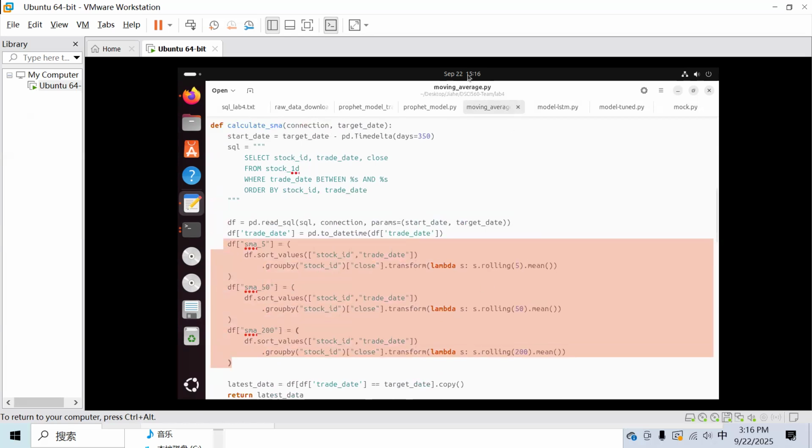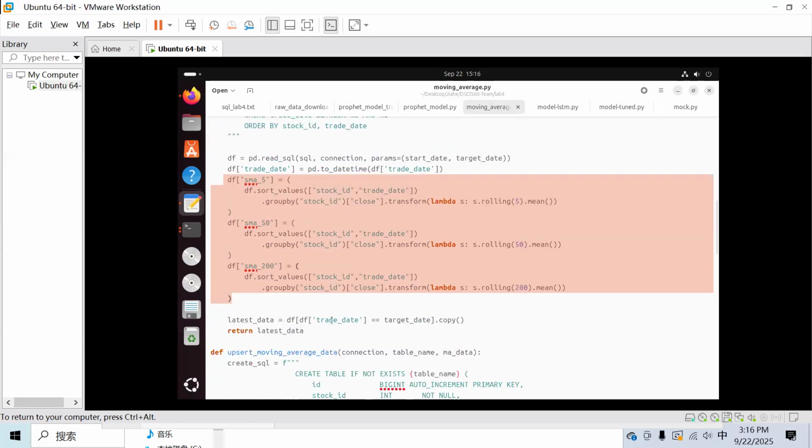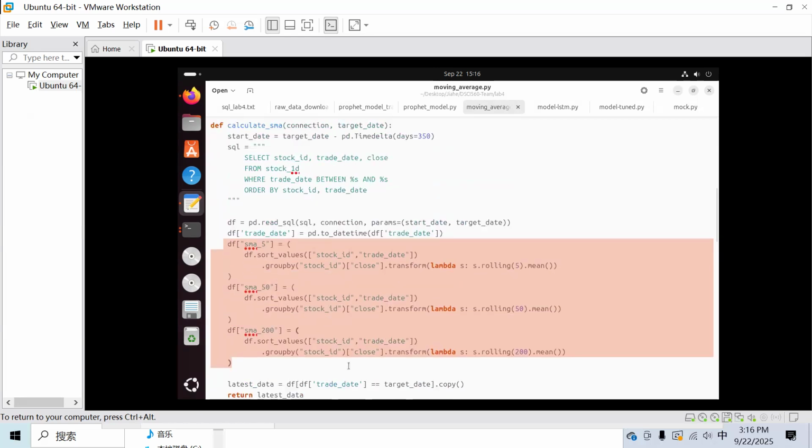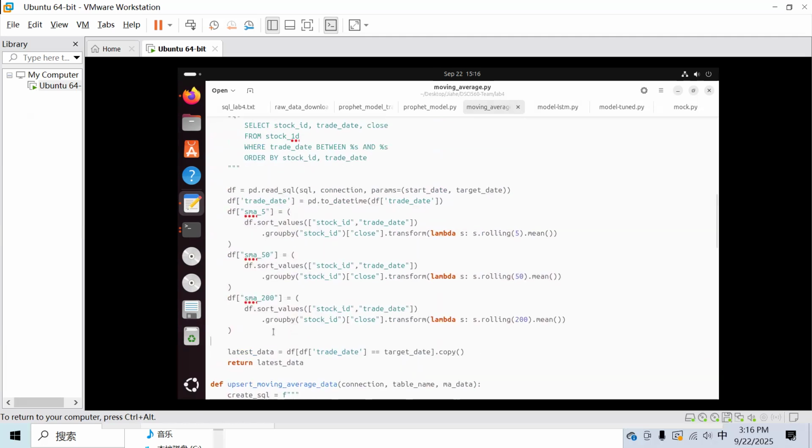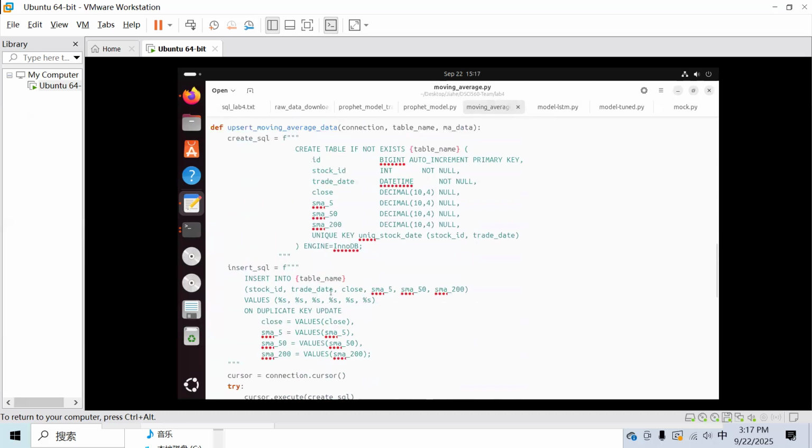I select the 350 days from now to before, and then select the last one, which means yesterday or the last day SMA for each stock. And then I also use another method to put it into a new table, which has the values.